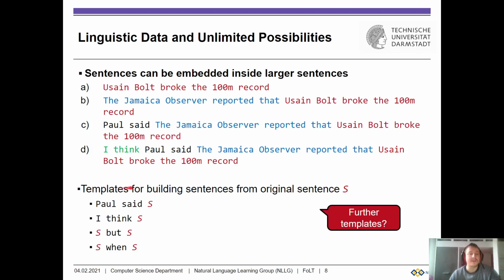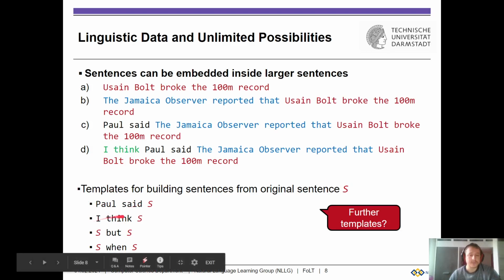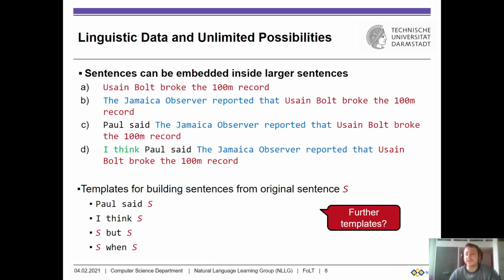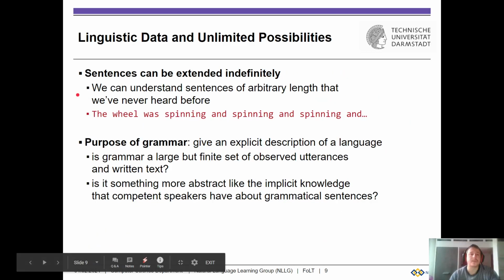So we now have identified some templates for building novel sentences from original sentences S. So a template would be Paul said S, I think S, S but S, as when S. Can you think about further templates? Of course you can. You can make S and S, S or S, as if S. So there are many other templates that you could use to construct bigger sentences from smaller ones.